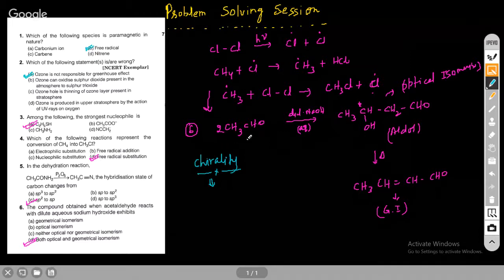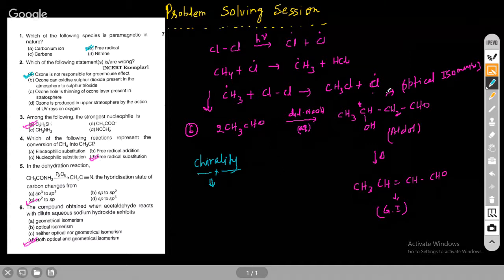So when somebody asks you what is the condition for a molecule to show optical activity, your answer should be the molecule must be chiral. Okay, and then you will define what chirality is. When we say the molecule is chiral, chirality is a property of the molecule by which it cannot be divided into two equal halves. Okay, this is one part.